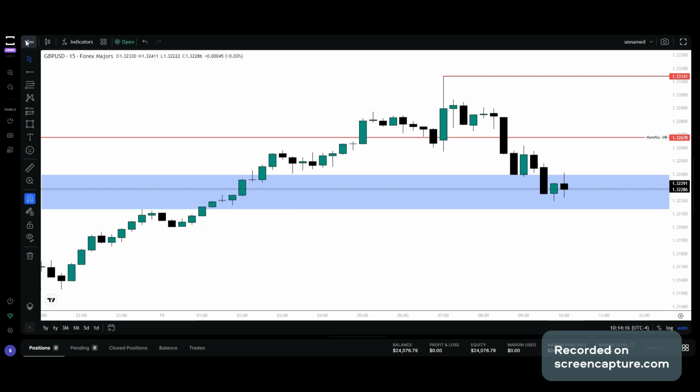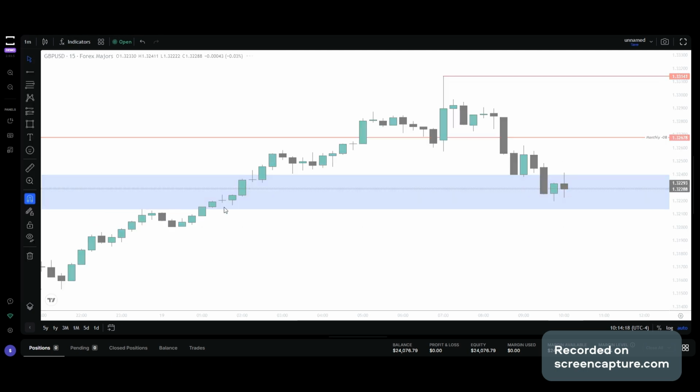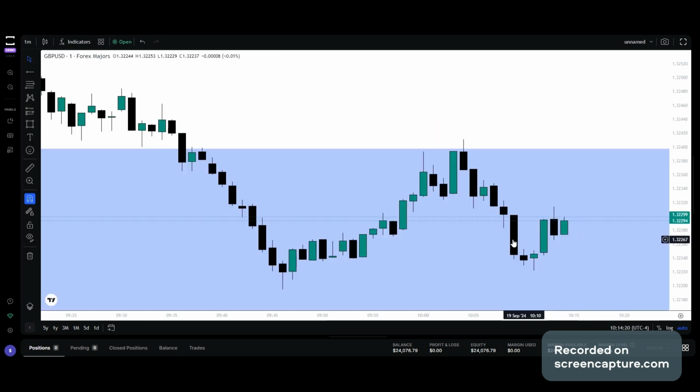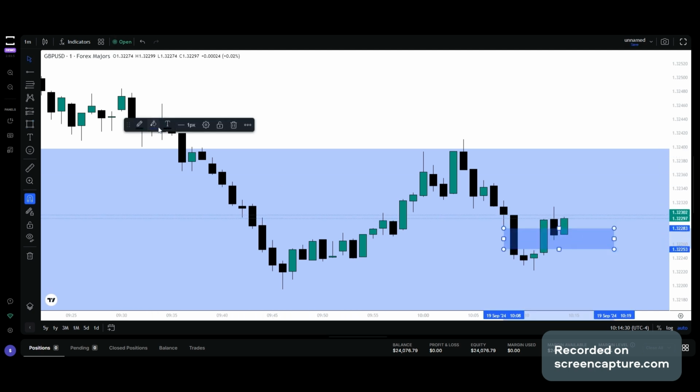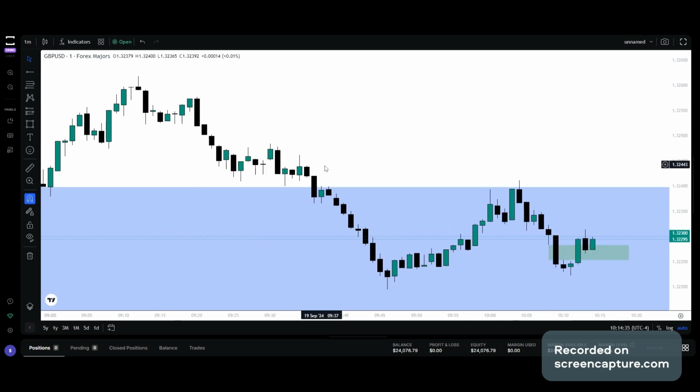I want to see how price action behaved within the 1 minute fair value gap. Okay, so we disrespected it, which is good for bullishness. So this here, we've closed outside. So we may have order flow switching now to bullish.